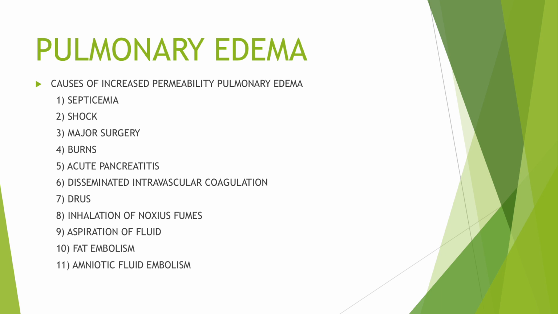Your pulmonary edema may also be due to increased permeability of the vascular structures resulting from septicemia, shock, major surgery, burns, acute pancreatitis, disseminated intravascular coagulation, drugs, inhalation of noxious fumes, aspiration of fluid, fat embolism, and amniotic fluid embolism.